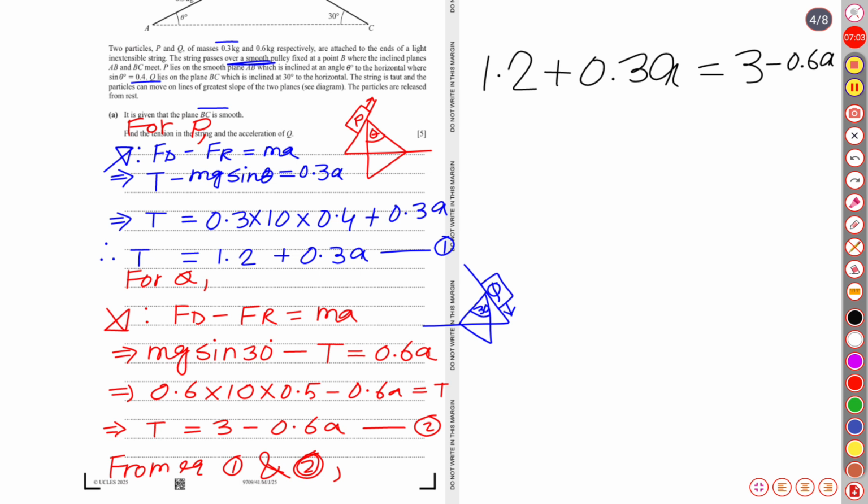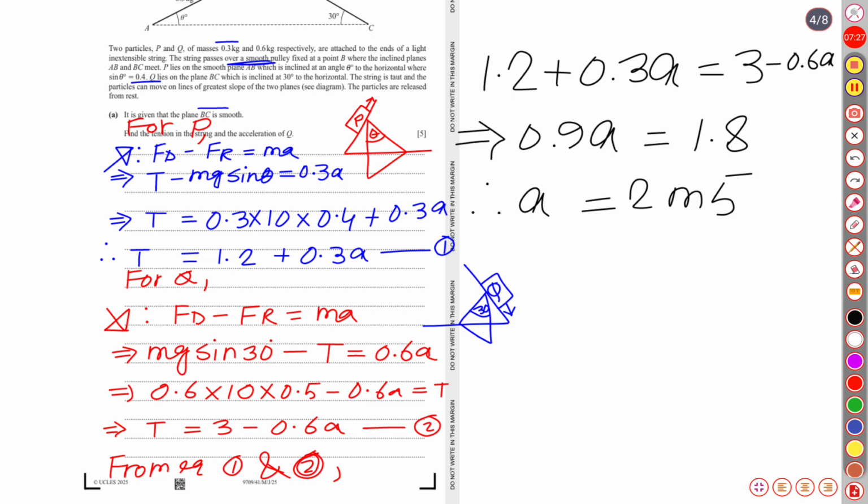If we simplify, it is going to be 0.6 plus 0.3, that is 0.9a is equal to 3 minus 1.2, that is 1.8. Hence our acceleration is actually 2 meter per second square.